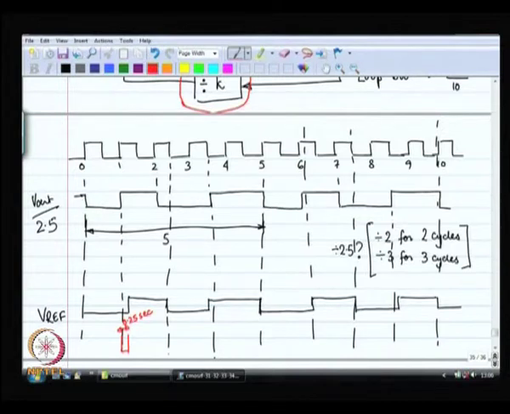Right. Then after a long time, the reference goes up first, then quarter of a second later it stabilizes.